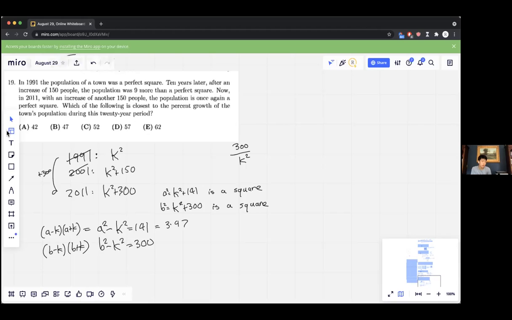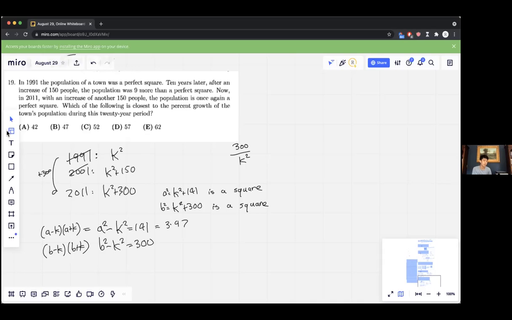And so now the top condition is quite a bit stronger because there's not a whole lot of ways to assign integers a and k so that a minus k and a plus k multiply to 141. And one way to do it would be for them to sum to 141 and the difference to be 1.